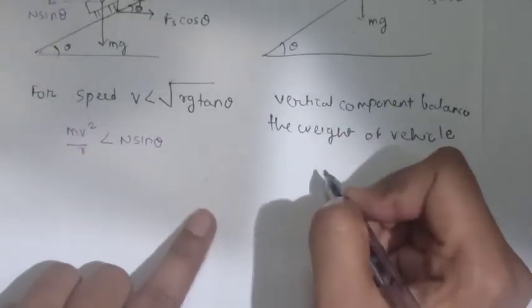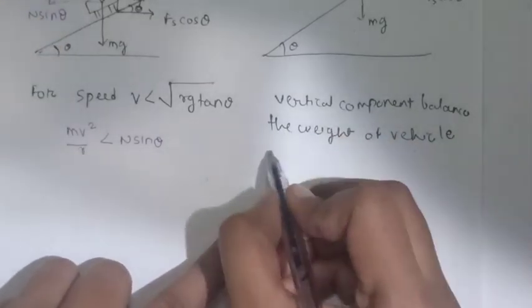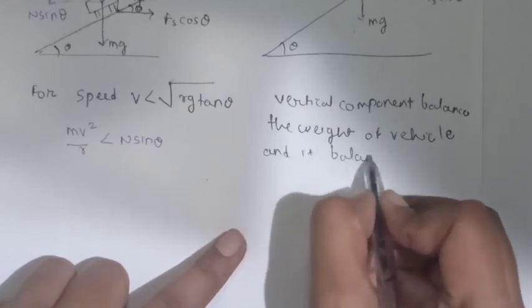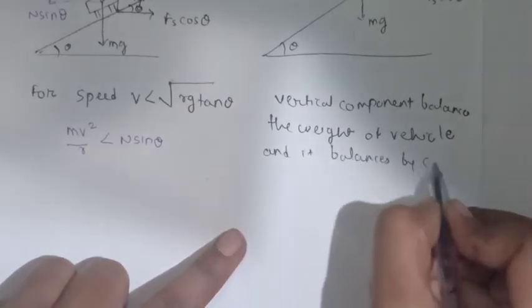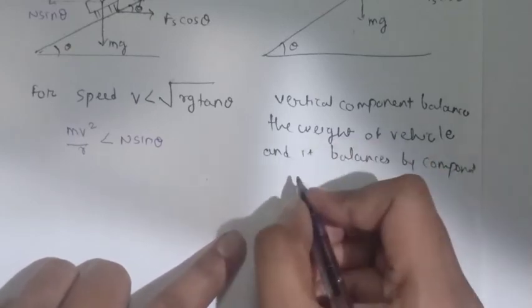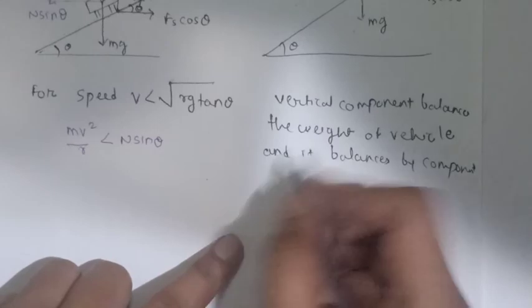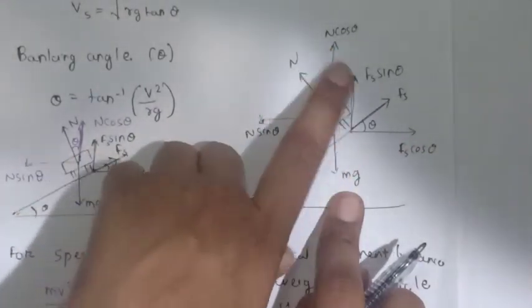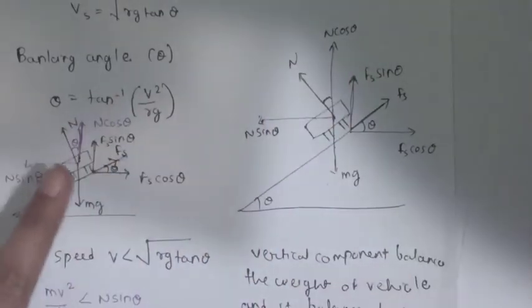So the weight of the vehicle is balanced by the component. Which are those components? That mg is balanced by which vertical component? N cos theta and Fs sin theta.